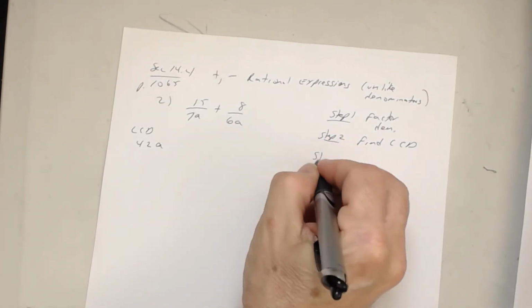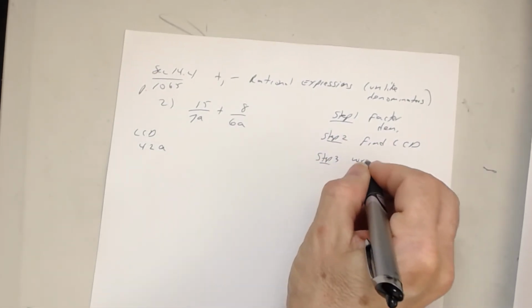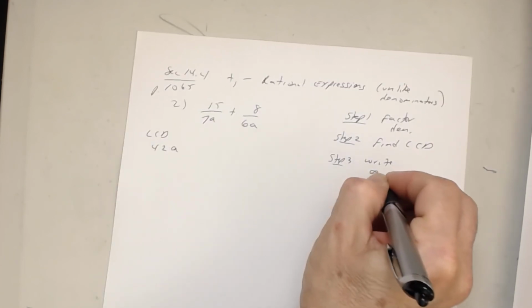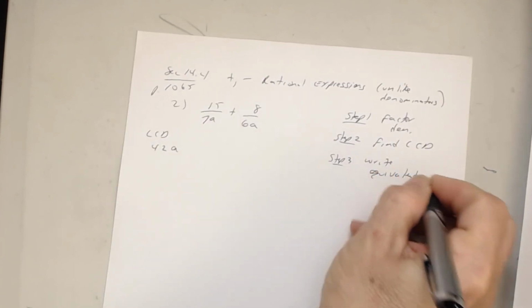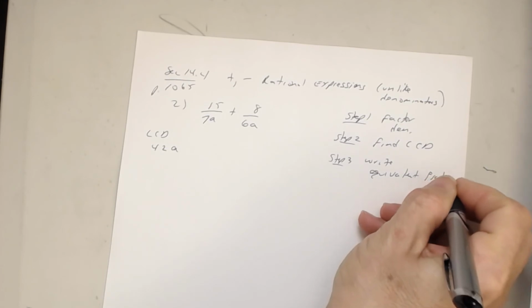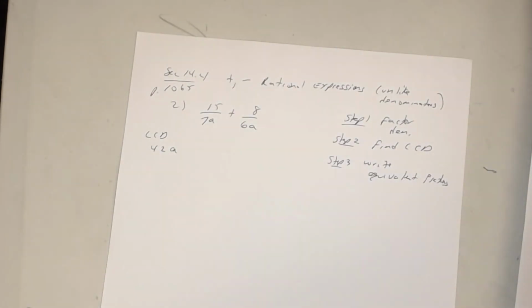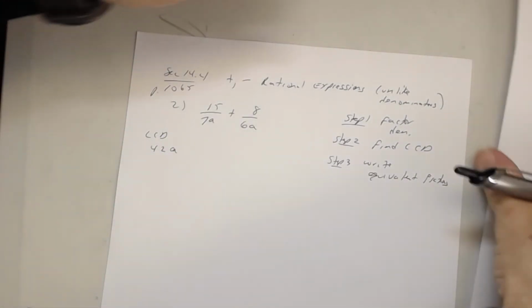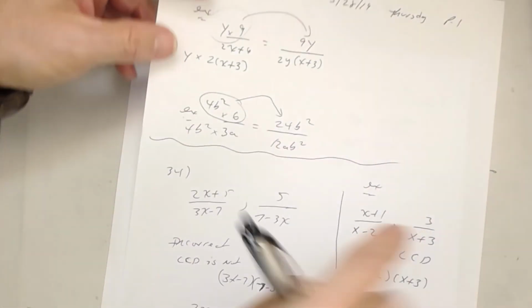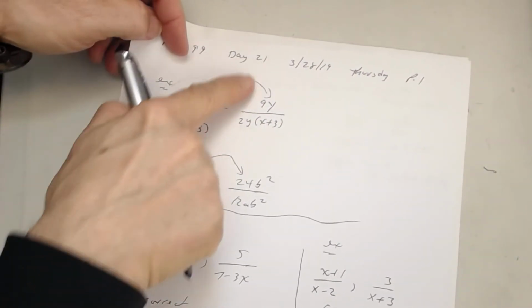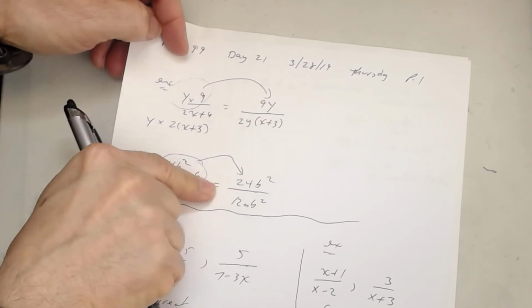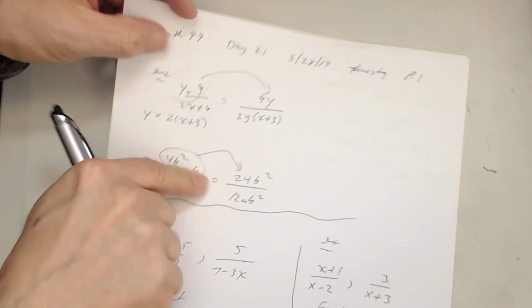Step 3. Write equivalent fractions. That's the part that we did at the beginning in terms of review. This is where you wrote equivalent fractions. Okay?